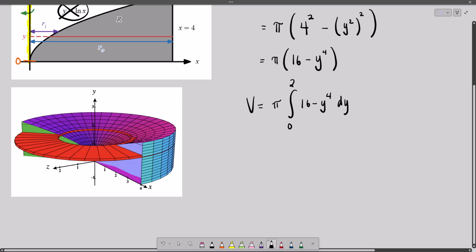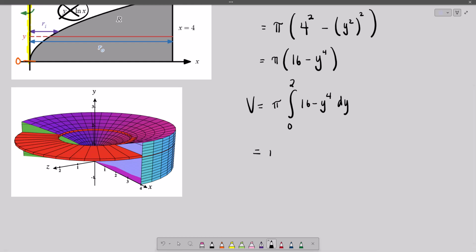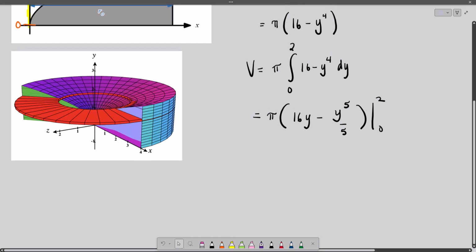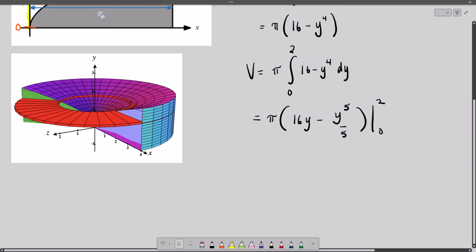And then we can do integration. Once again, we're integrating a polynomial, so we use the add 1 to the exponent, divide by the new exponent algorithm. Once again, if we plug in 0, we get no volume from that.